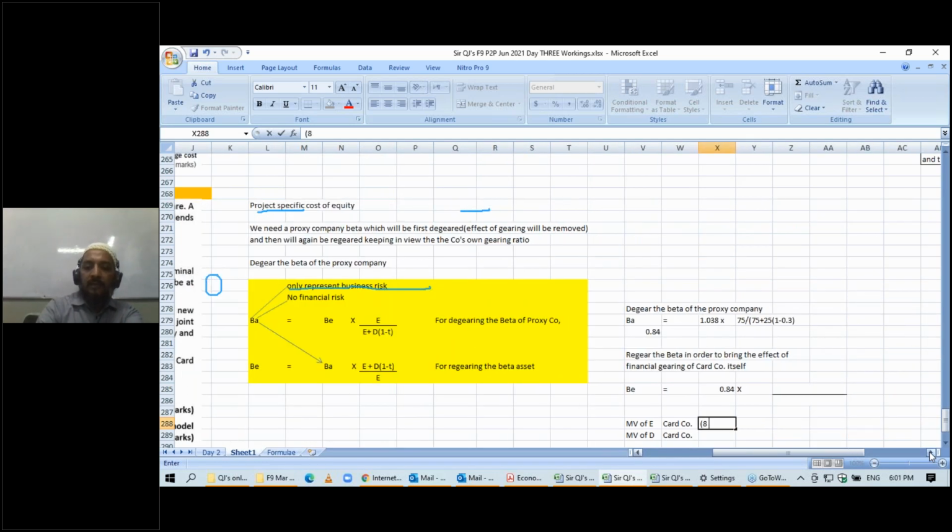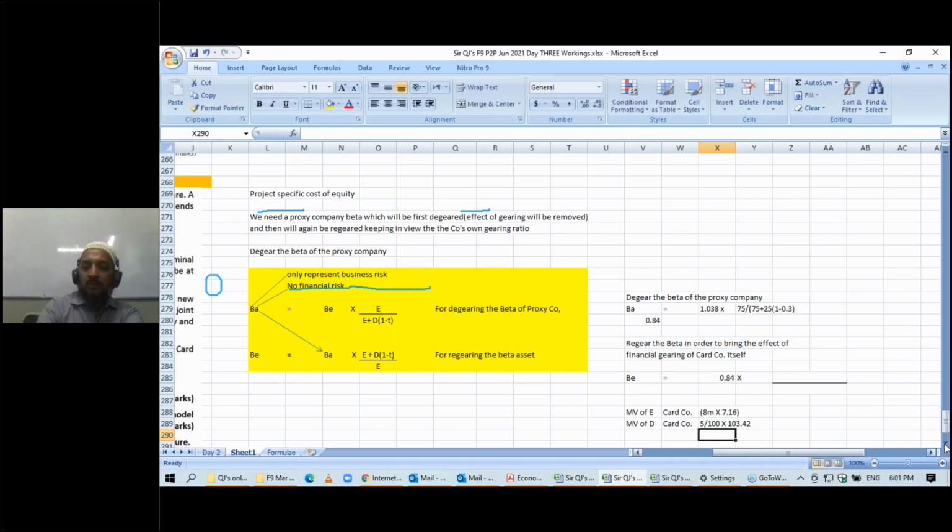So the market value of debt will be 5 million divided by 100, which is the face value, multiplied by the market price 103.42. So this gives you the market value of debt. So 57.28 and 5.17. This gives you the total value.